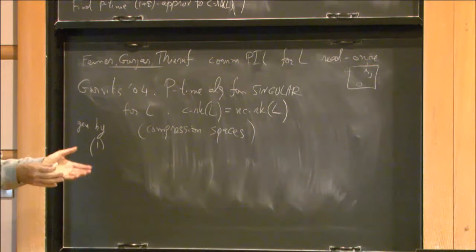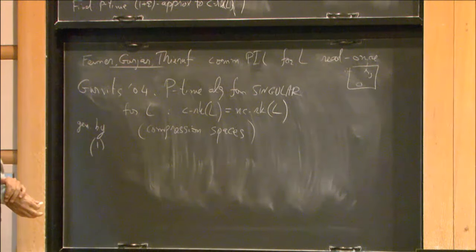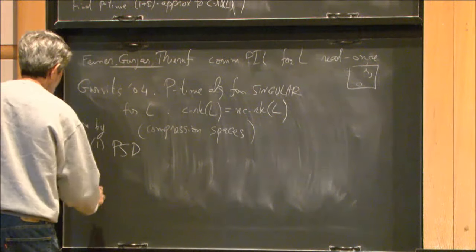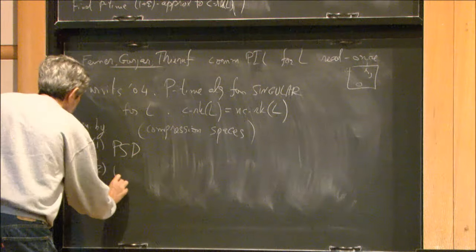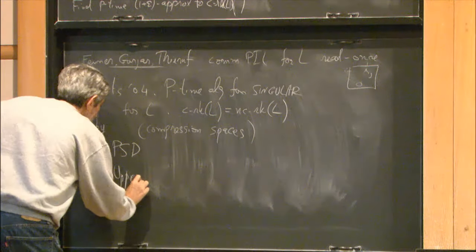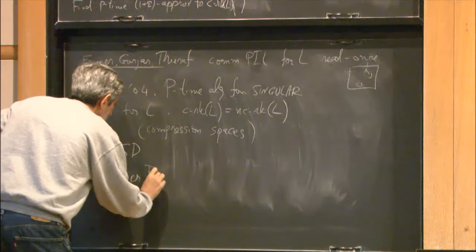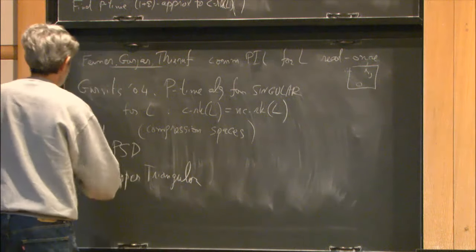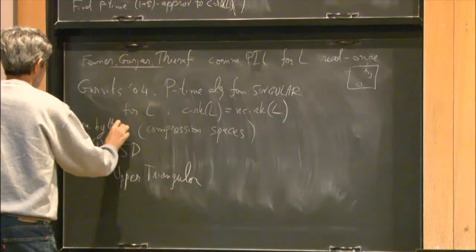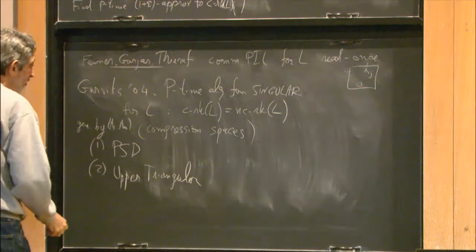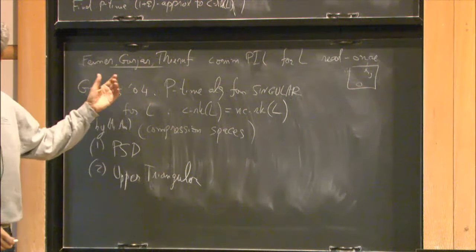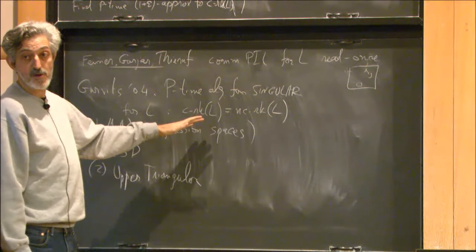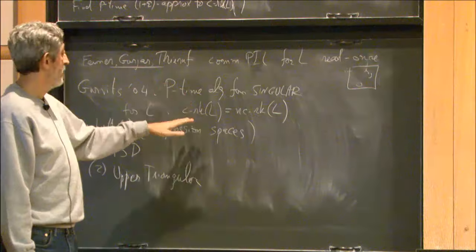If you have A_1 through A_m generating your space L, which are, for example, PSD, or, for example, upper triangular, then it happens that the space they generate is a compression space. So it satisfies this condition.